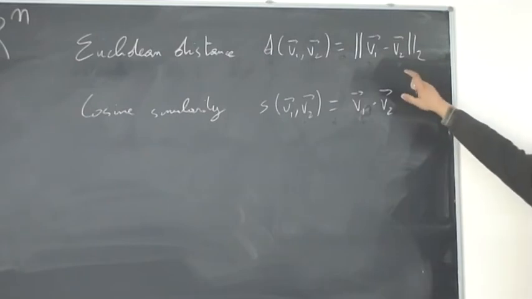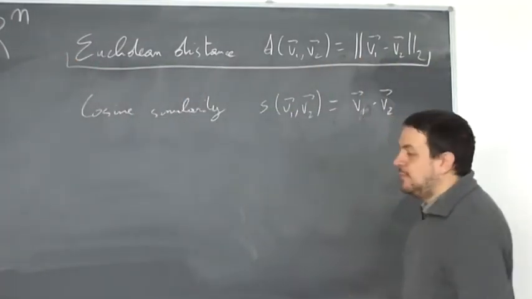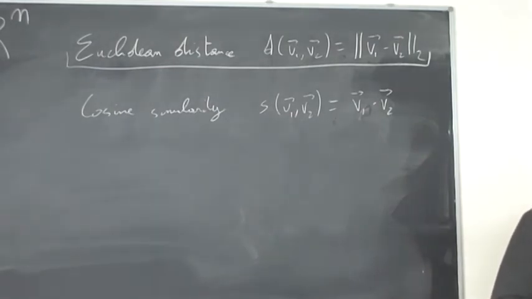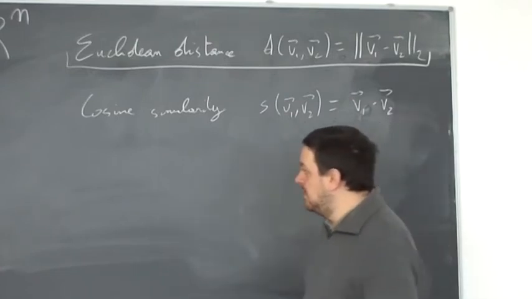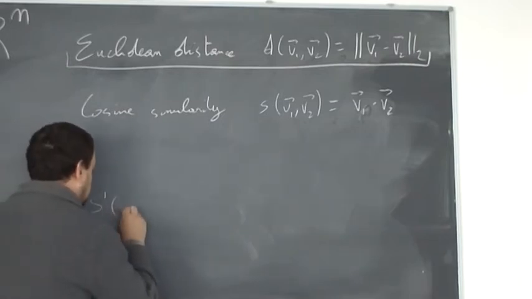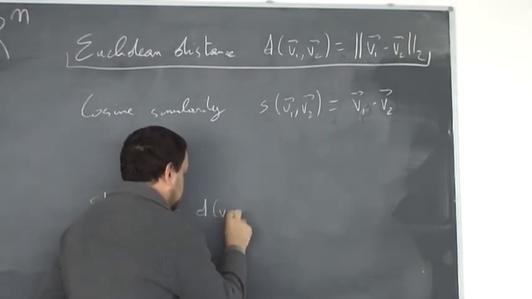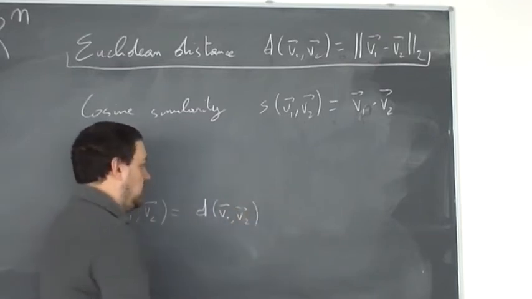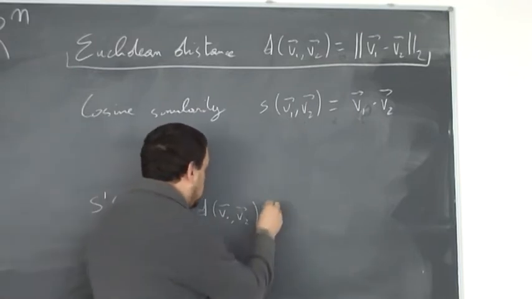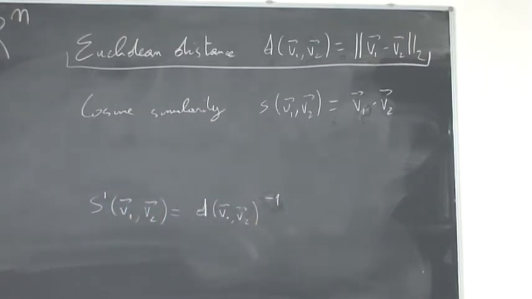Of course, we can switch from one to the other. So, for example, if we are considering Euclidean distance and we want to get a measure of similarity, we can define a measure of similarity, let's say S prime, between V1 and V2 by considering their Euclidean distance and taking the reciprocal, 1 divided by distance.